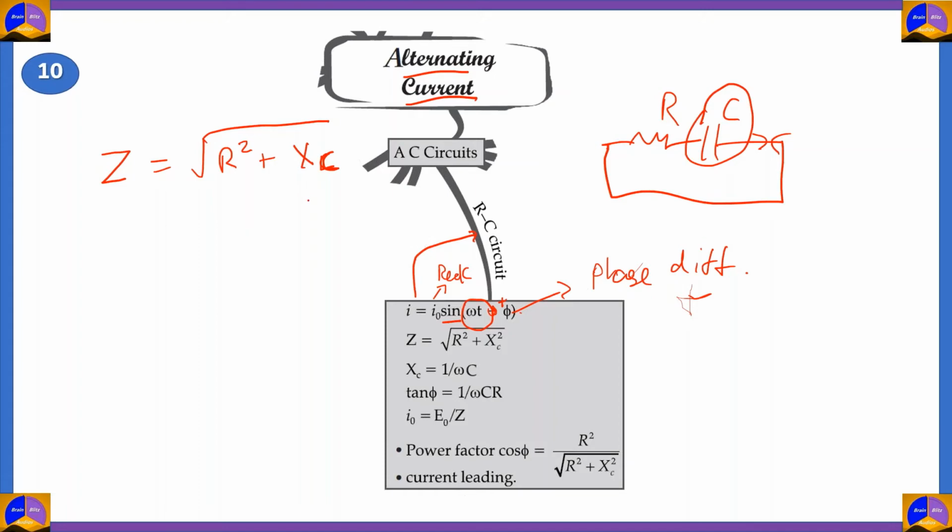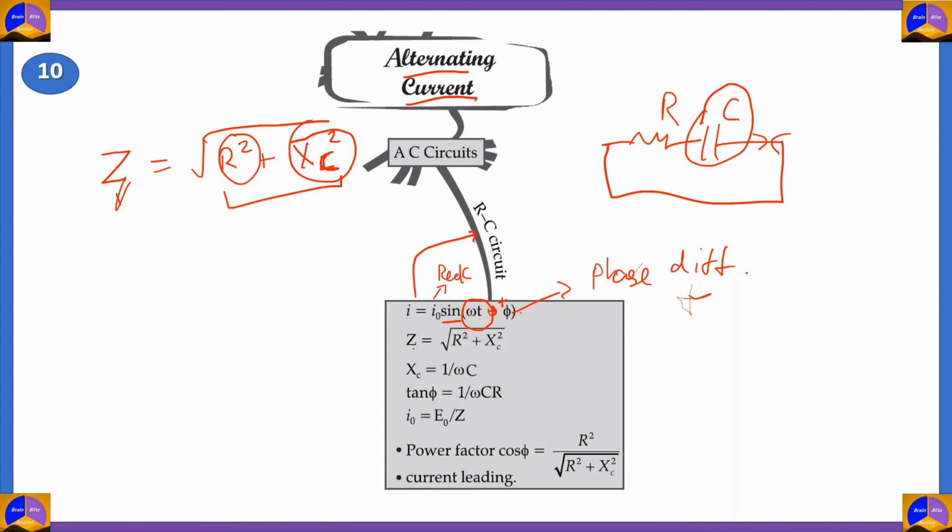This is capacitive reactance. And so the impedance here, which is the total hindrance, is the root of R square plus XC the whole square. We take the square of each value, sum them together, and then take the square root. So that's the way we find out the impedance of an RC circuit.